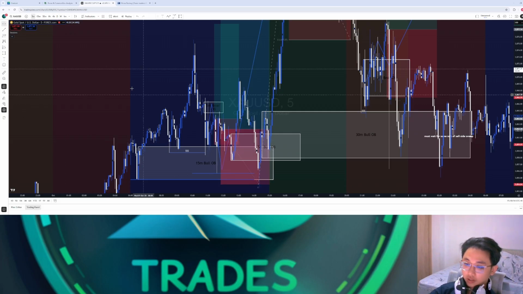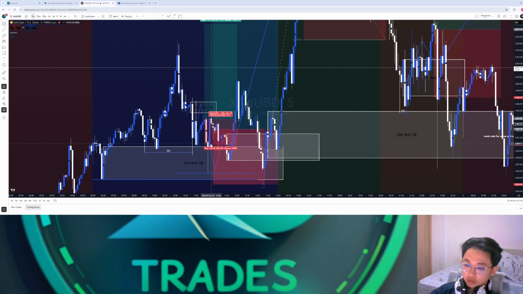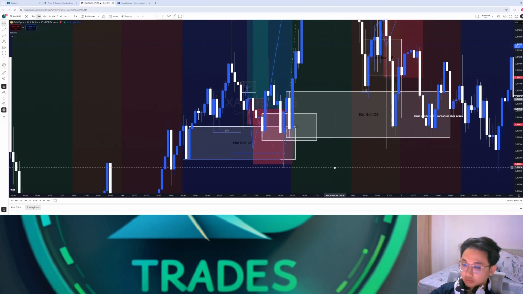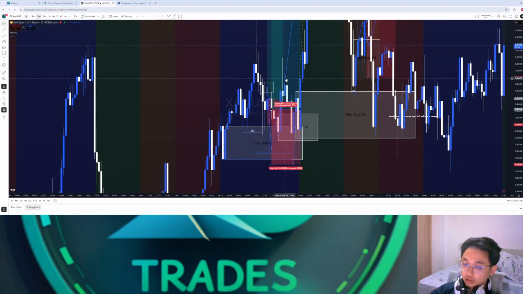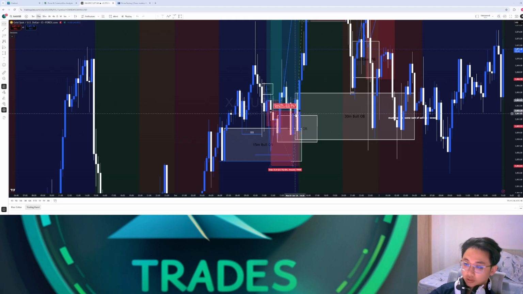Okay, and afterwards, you can say there was a double liquidity sweep, right? Okay, price came up. You can see on the 15-minute that it created a bullish fair value gap. We tested the extreme OB, right?